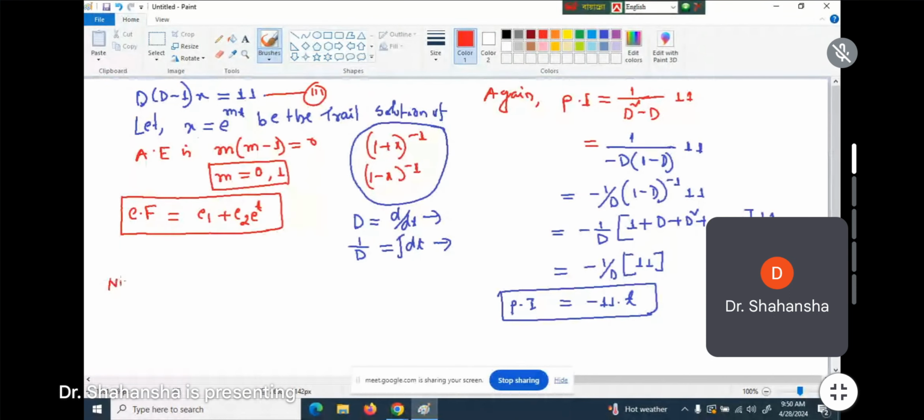Now the general solution of x of t. We can write x of t equal to CF plus PI. CF equal to C1 plus C2 e to the power t, PI means minus 11t.